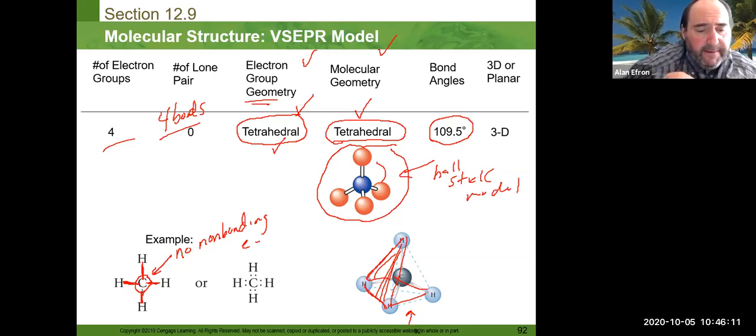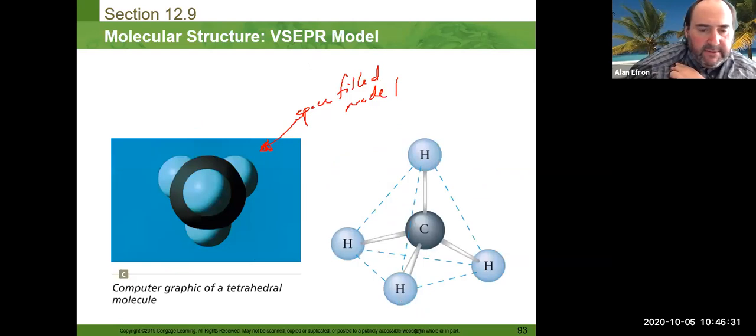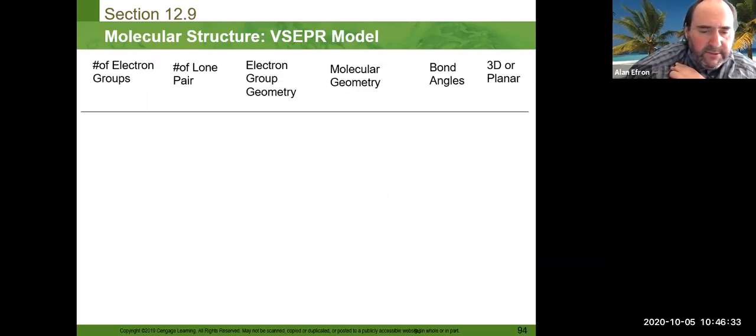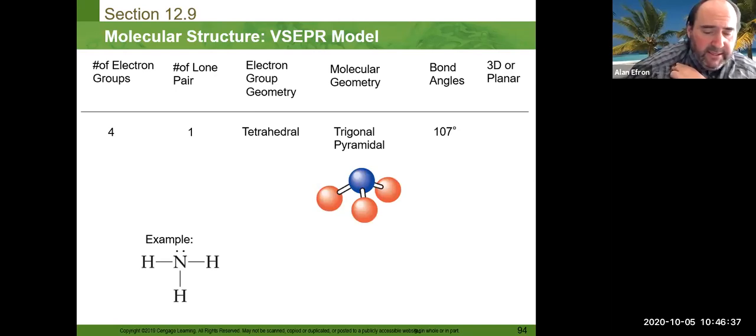The shape will also be tetrahedral when that goes with 4 bonds. We're going to talk about what happens when we don't have 4 bonds in just a second. So the electron pairs will stay the same, but the shape will differ.